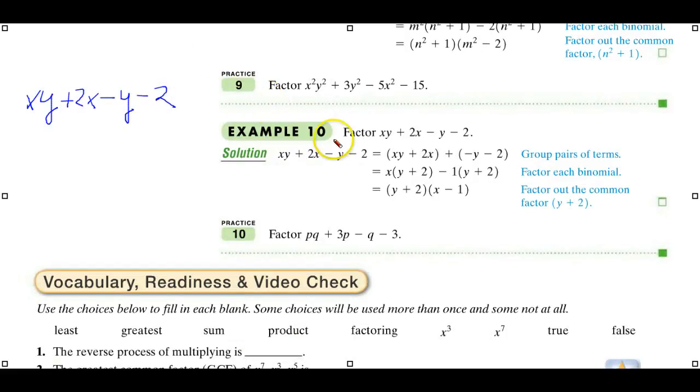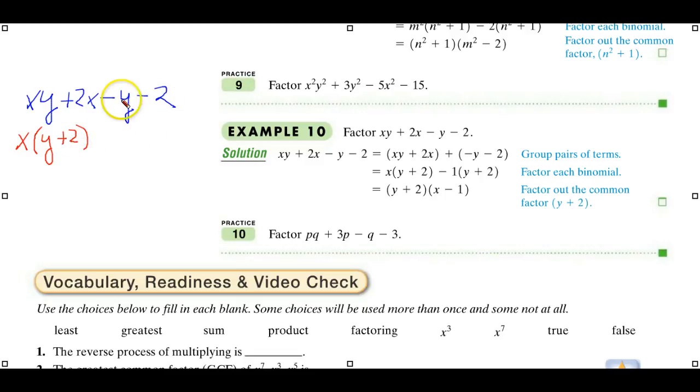Now as you look at example 10, again we're going to try to factor this by grouping. So in the first 2 terms there is a common x, and I get y plus 2.